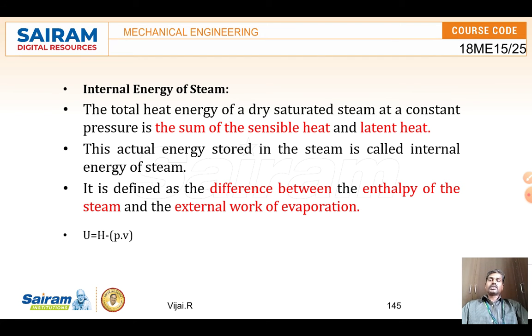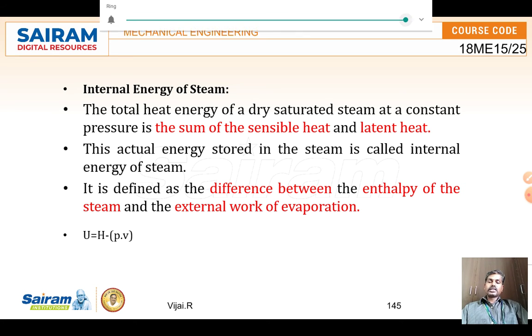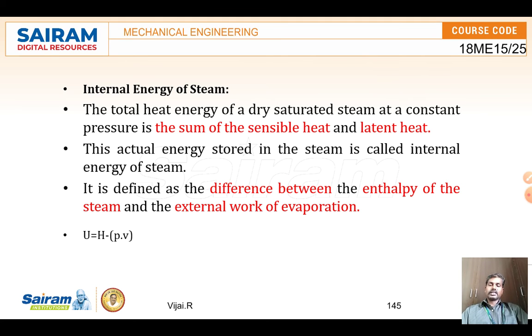After that, the phase change from 100 degree water to 100 degree steam is the latent heat. This latent heat and sensible heat together we call internal energy, and it is the difference between the enthalpy of the steam and the external work of evaporation.